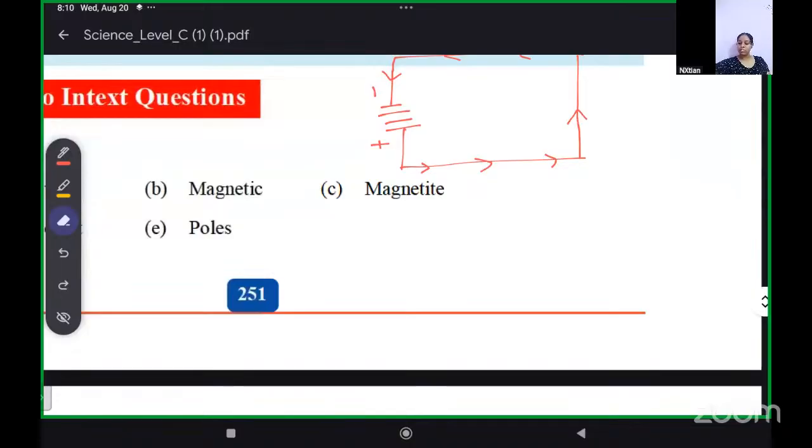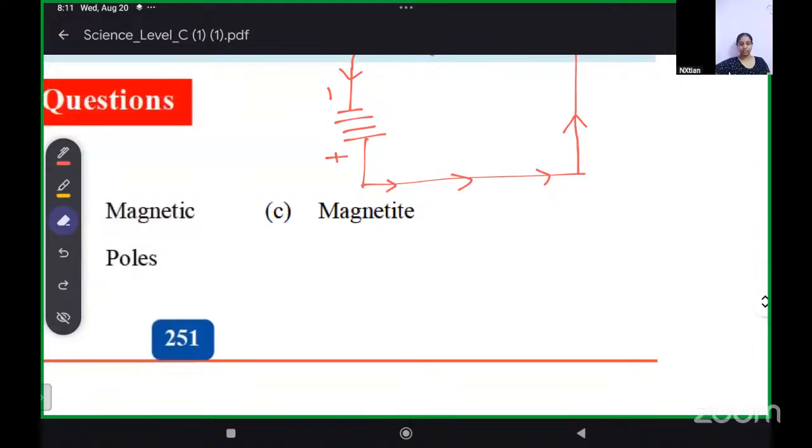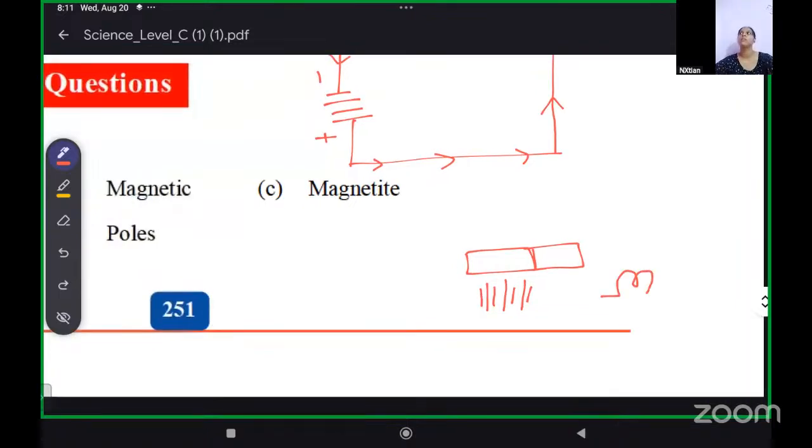We usually use symbols for the things when we are drawing an electric circuit. Okay, Emma? Yes, ma'am.